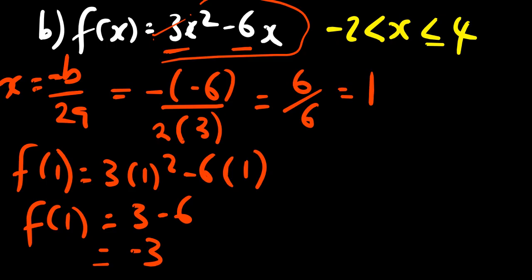Now how do we find the range, the other x values? Actually, we've already been given -2 and 4 here.